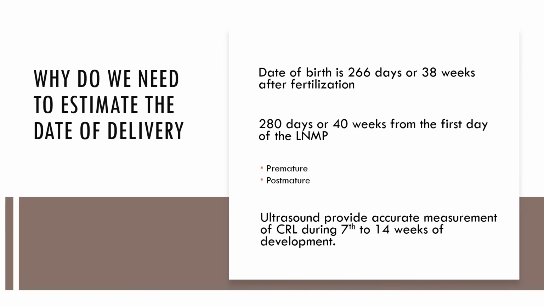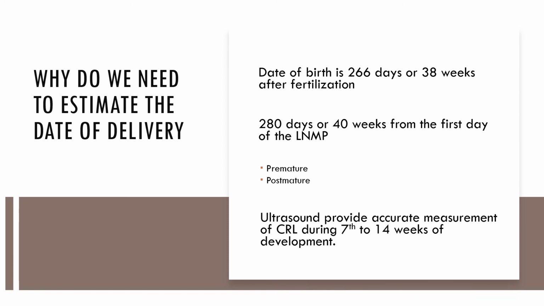And so we calculate the date of birth as 280 days or 40 weeks from the first day of the last normal menstrual period. But take note that we are basing this on a woman whose menstrual cycle is a regular 28-day cycle. However, there are some women who have irregular menstruation.